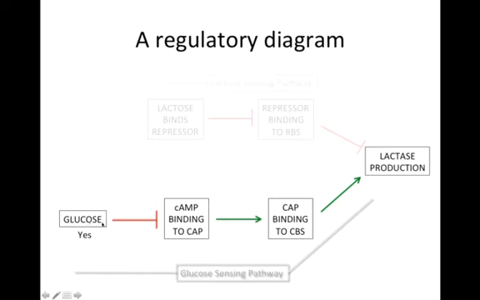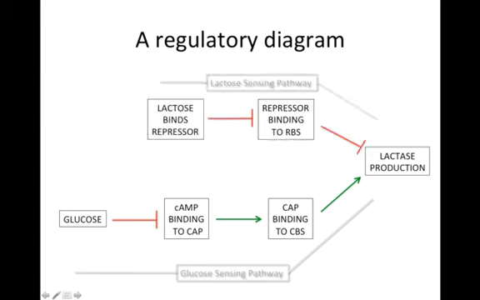And again, if glucose is yes, then cyclic AMP binding to CAP is no, CAP binding to CBS is no, and the lactase will not be produced. And so together now we have the top and the bottom, the lactose and glucose sensing pathways that together are controlling lactase production.